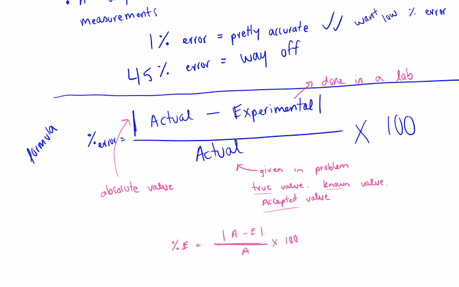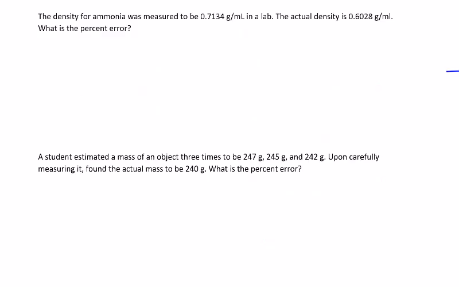Okay, so with that memorized or written down, we're going to work a couple of problems. All right, so here's problem number 1. The density for ammonia was measured to be 0.7134 grams per milliliter. The actual density is 0.6028. What is the percent error? So our formula, actual minus experimental all over actual times 100.